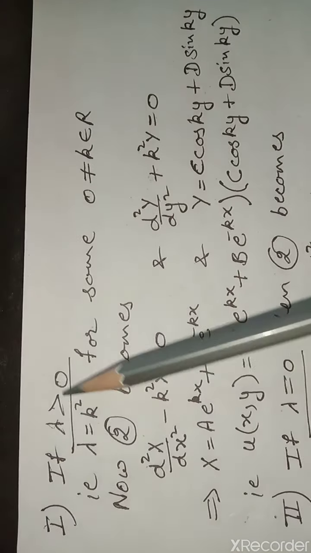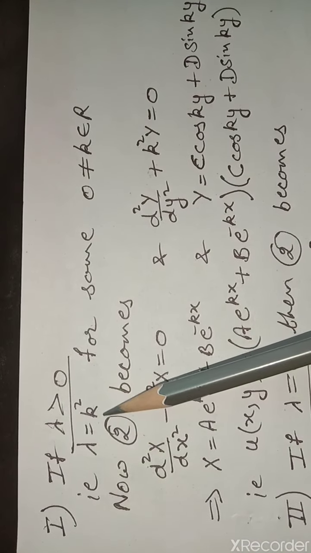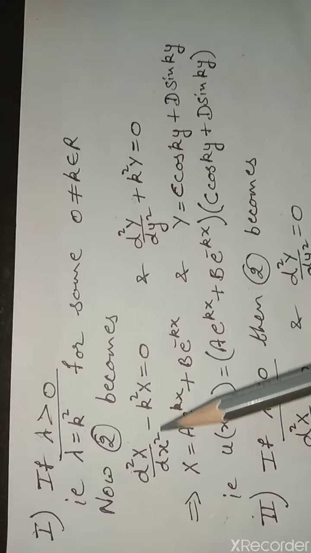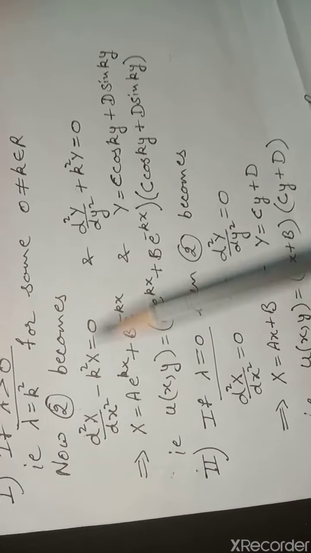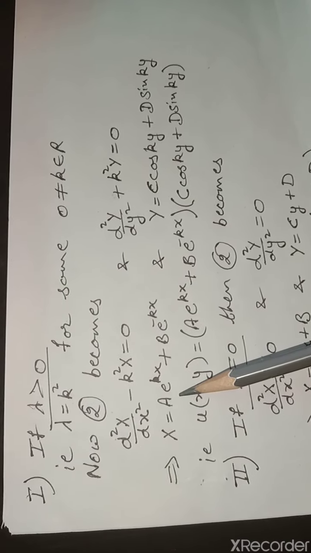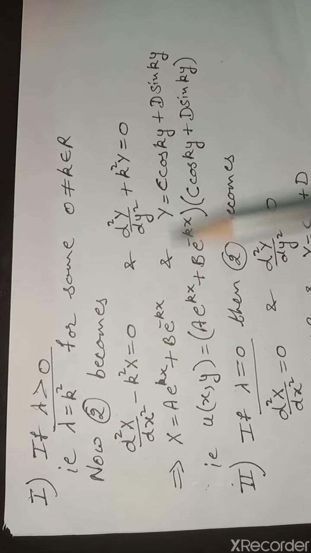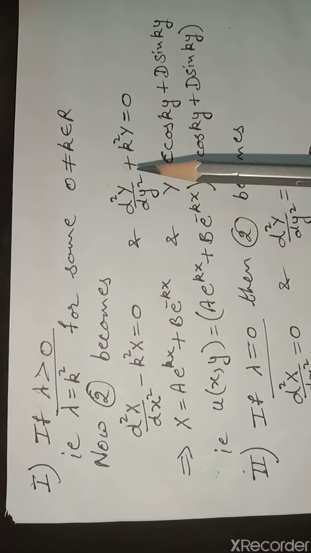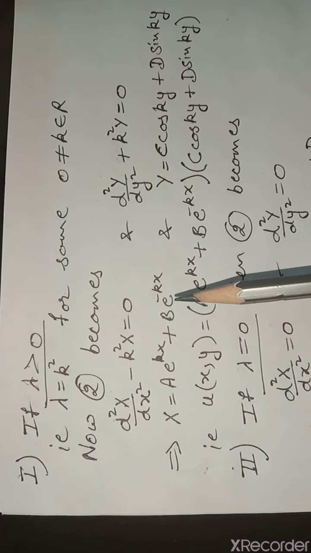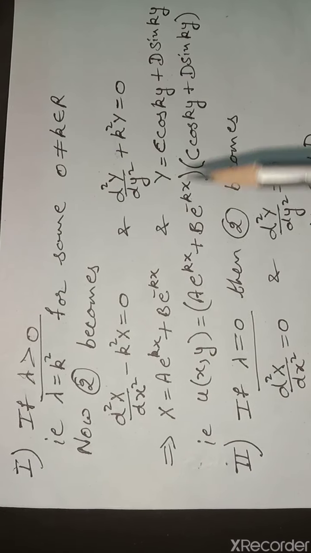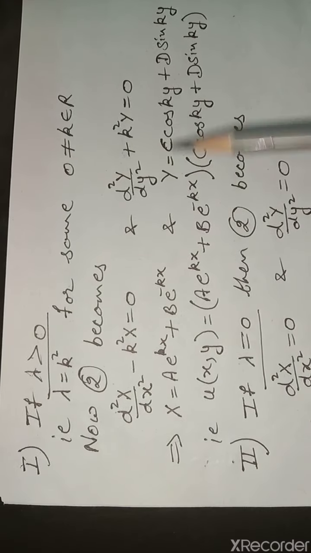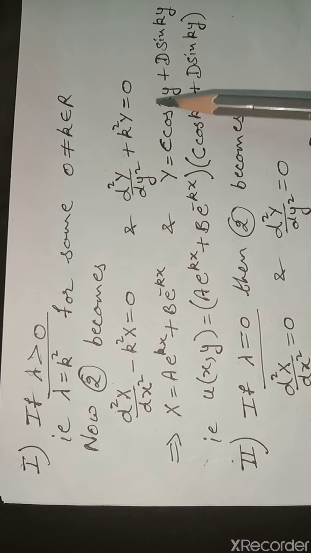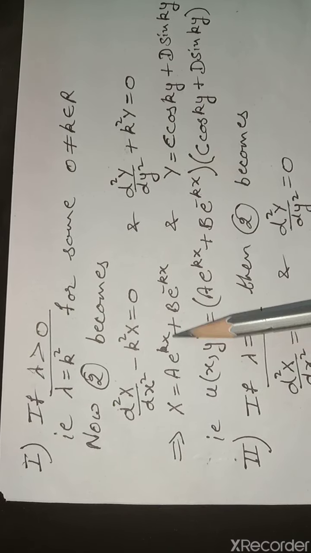If lambda is greater than 0, then lambda can be written as k square for some non-zero real number k. Then the two ordinary differential equations will have these solutions. X is this, because both ordinary differential equations are linear differential equations with constant coefficients. So they will have these solutions. These are complementary functions only, and u is their product.